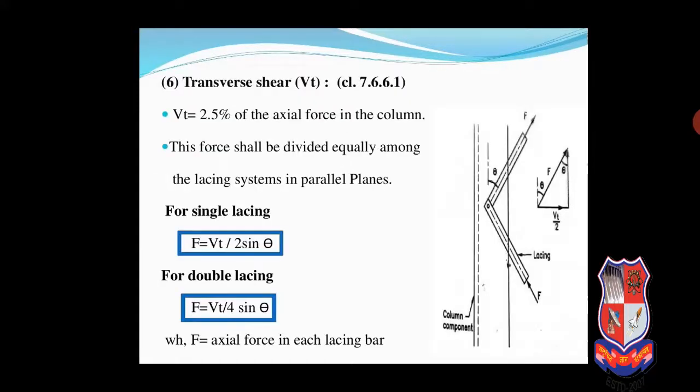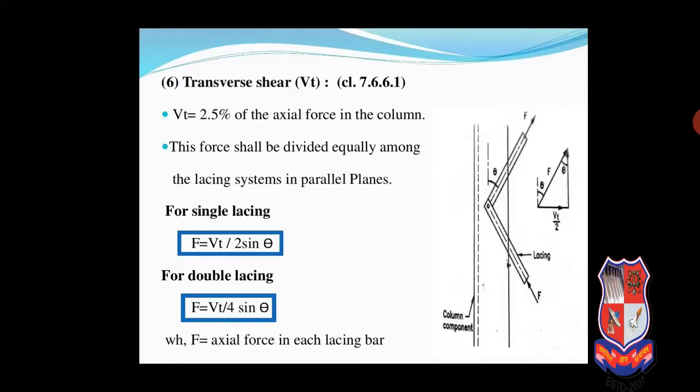Next, transverse shear VT. The lacing should be designed not for carrying any axial loading, but to carry transverse shear. So this is a very important step. Transverse shear is denoted by VT, and it's given in clause number 7.6.6.1 in IS 800.